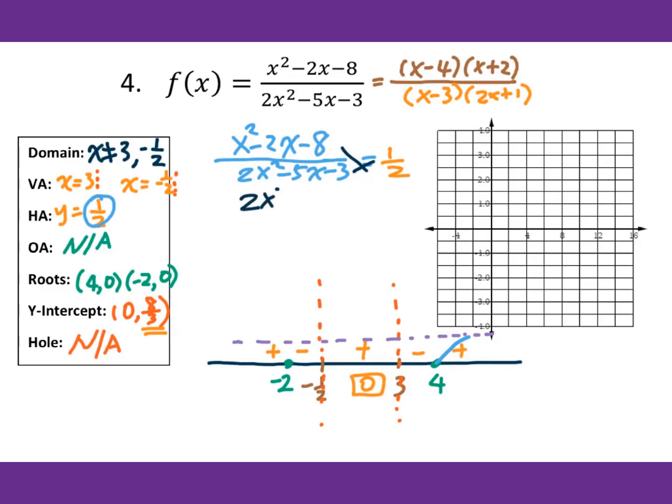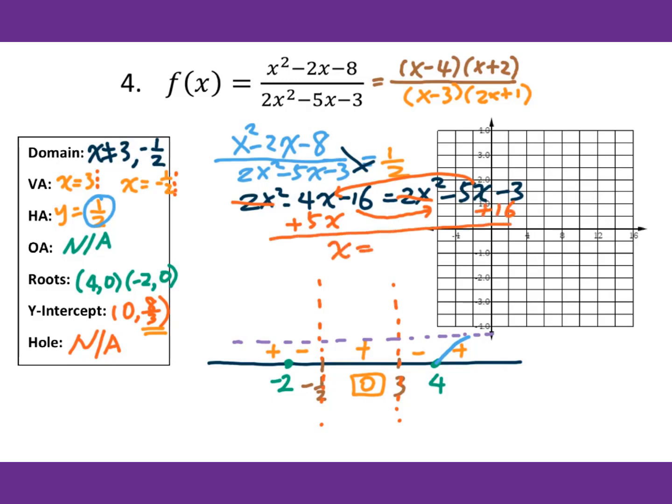You will get 2x squared minus 4x minus 16 equals 2x squared minus 5x minus 3. Combine like terms. Add 5x, then add 16. You will get x equals 13. In other words, (13, 1/2) will be the intersection of the horizontal asymptote line and the graph of the rational function.